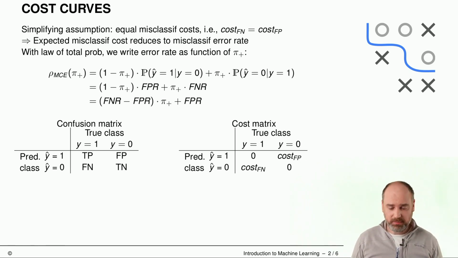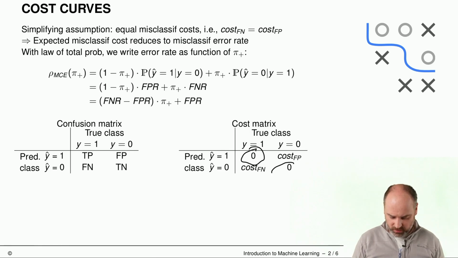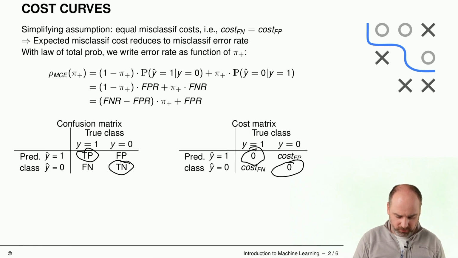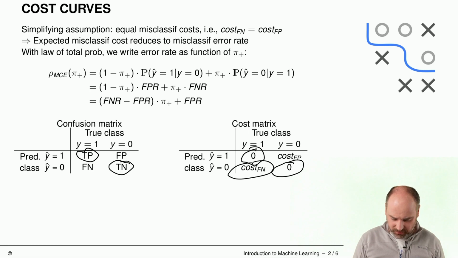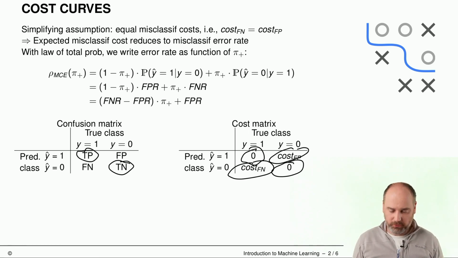Here we'll make one simplifying assumption, and I guess the first one is not really truly a simplifying assumption: I will assume that correct classifications, so if we produce a true positive or a true negative, carry zero costs. I guess that is a reasonable assumption. The next assumption, and that's much less realistic, but we just do this here for simplification purposes to get a nice easy starting point, is assuming that the costs of false negatives equal the costs of false positives.